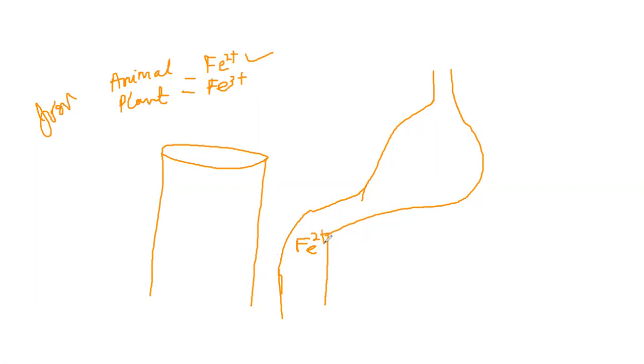Okay, and then from here, from the duodenum to the blood vessel, there is this cell which we call the intestinal cell or the duodenal cell, that helps this iron, Fe2 positive, this ferrous form, to transport into the blood vessel. Okay, this is the blood vessel lumen, this is the blood vessel.